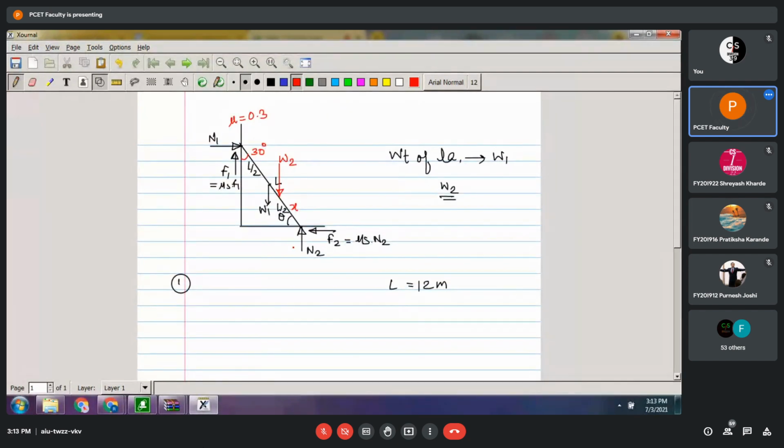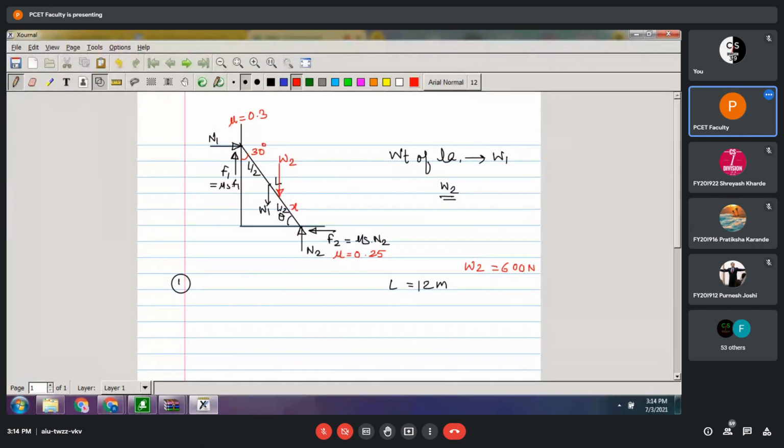And that between ground and ladder is given as 0.25. A man of 600 Newton ascends the ladder.